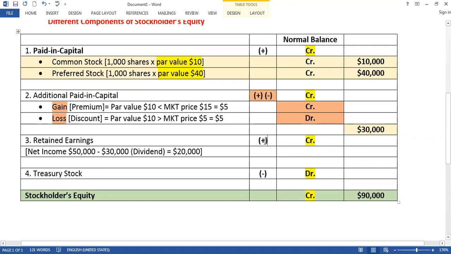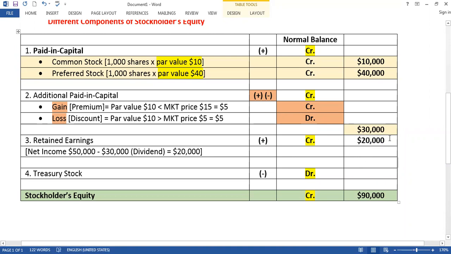And why is it a plus sign? Because it is your money. You will receive this $20,000 in future from the business. That's why this is the plus sign.